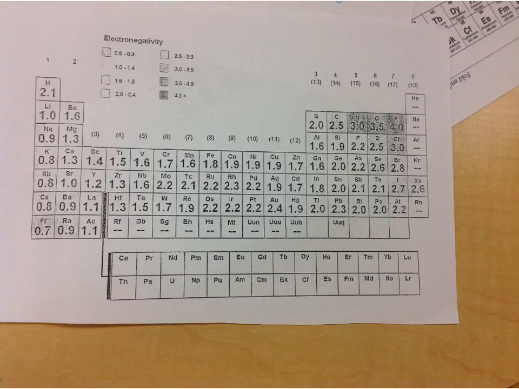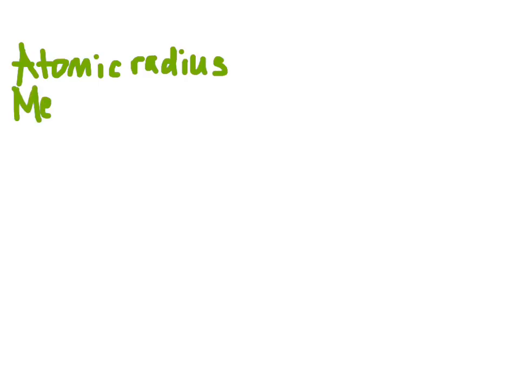Okay, so basically, I'm going to write it over here. So the characteristics across a periodic table include the atomic radius. You also have metallic character.